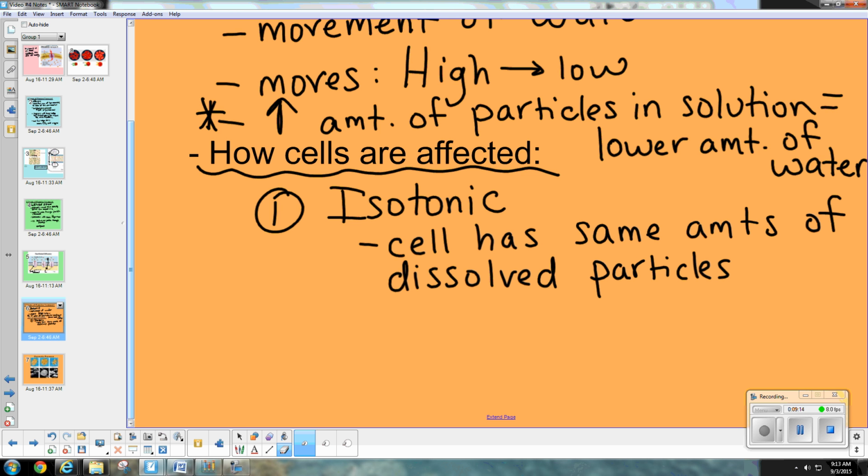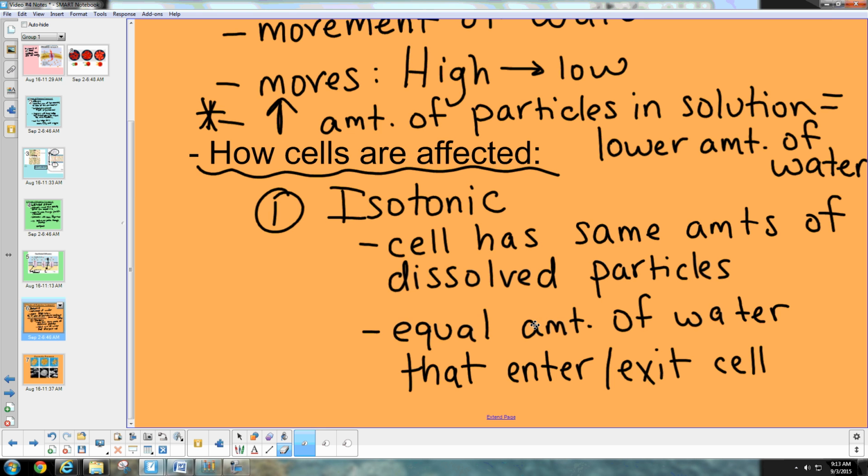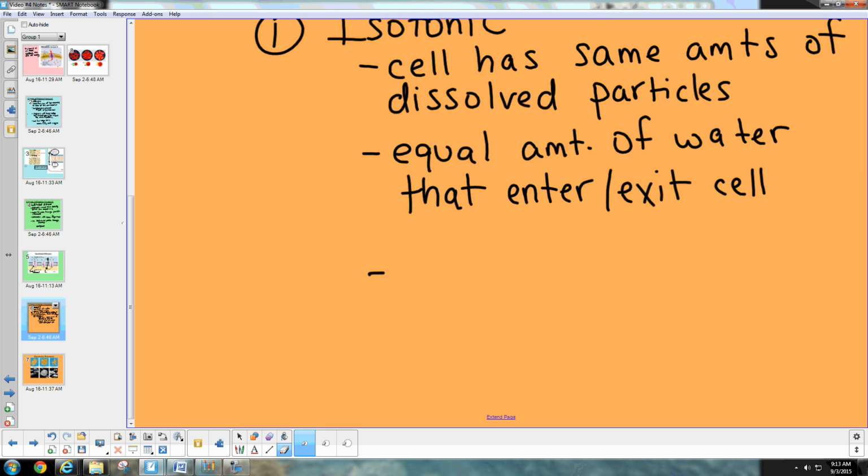And so what does that mean? Because remember, it's about osmosis. We're talking about water movement. It means there's an equal amount of water that will enter or even exit the cell. So what happens to the cell ultimately is it's going to stay the same size.